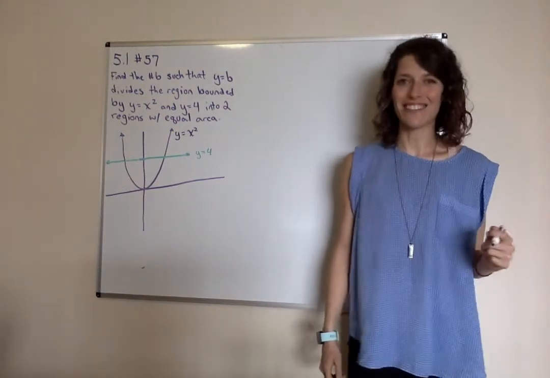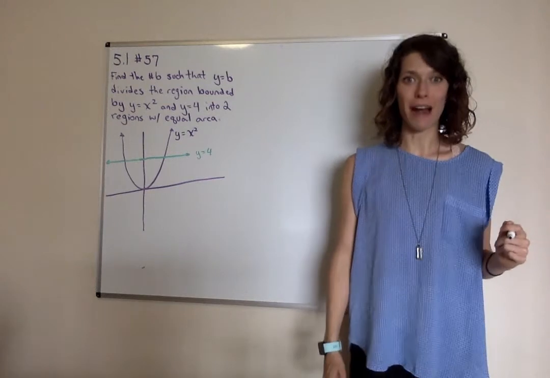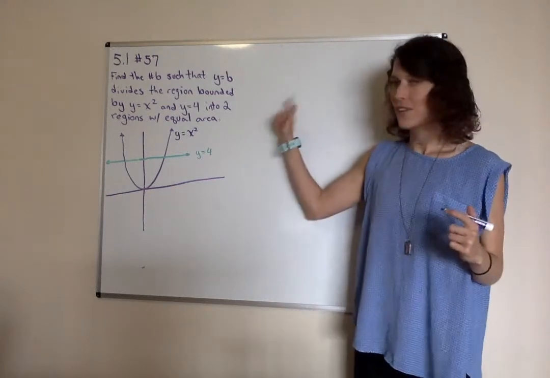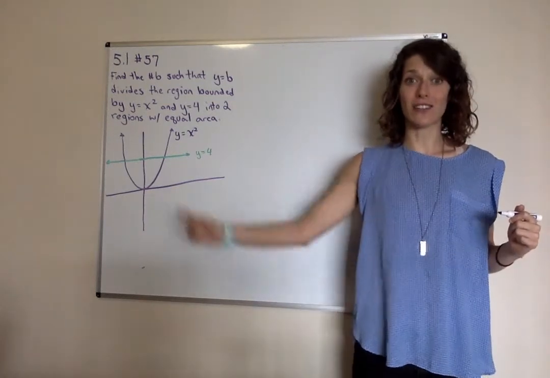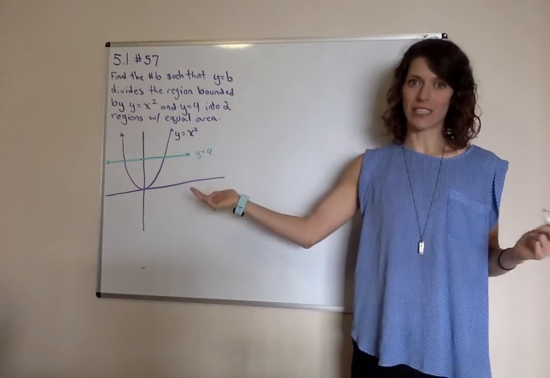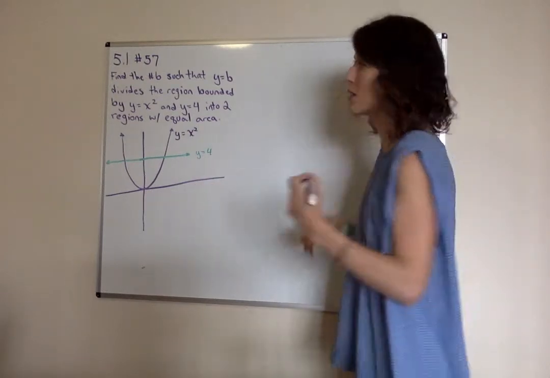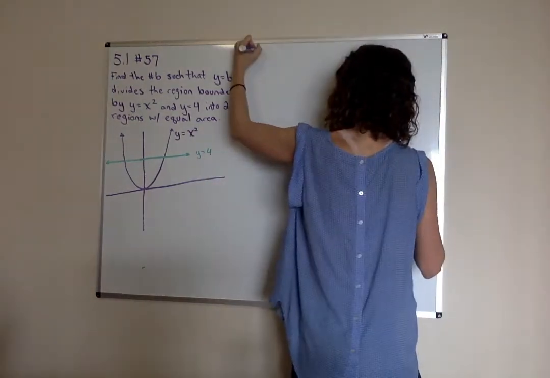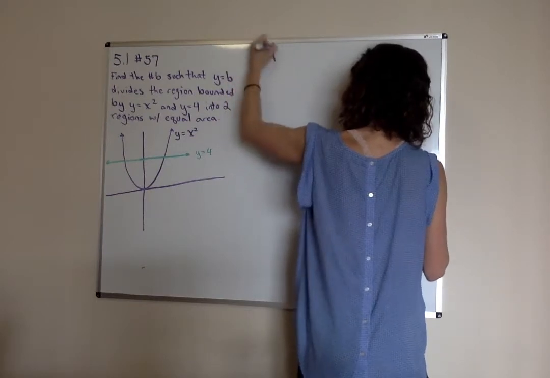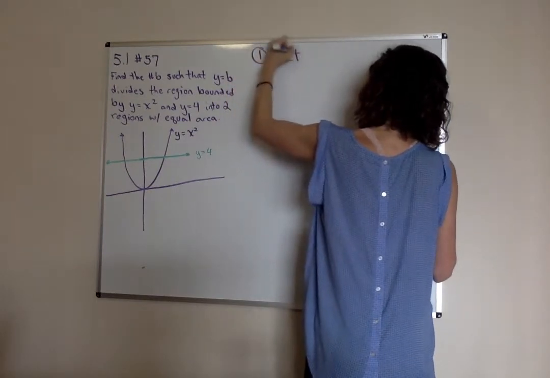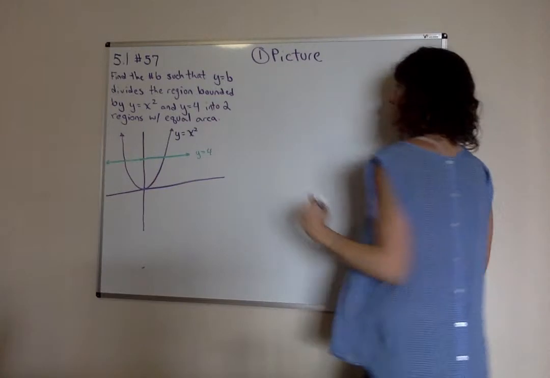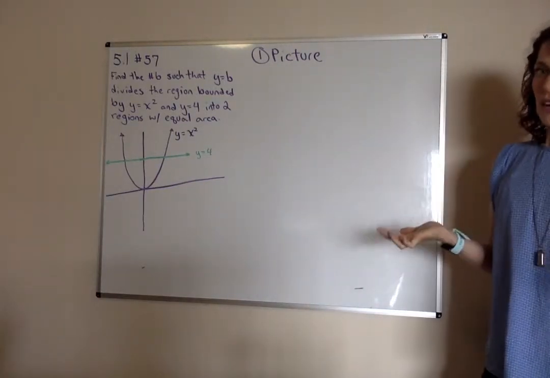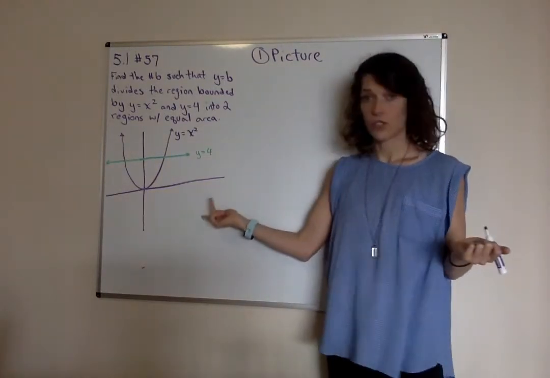Okay, I'm going to assume that you did that, and we are going to go over the problem now. So, first step to solving this, you're not actually given a graph. The first step would be to draw a picture. So drawing the picture would include drawing the graph.